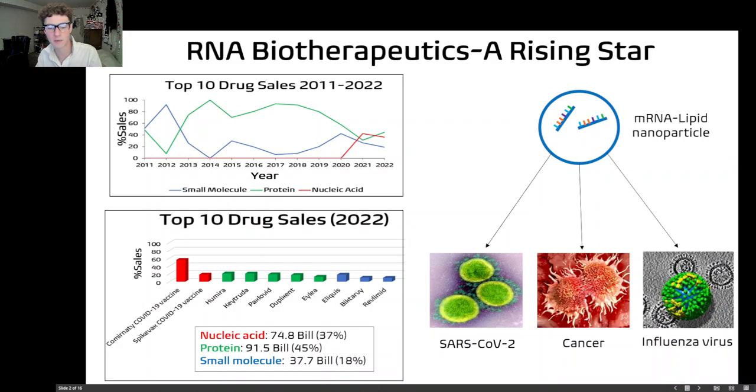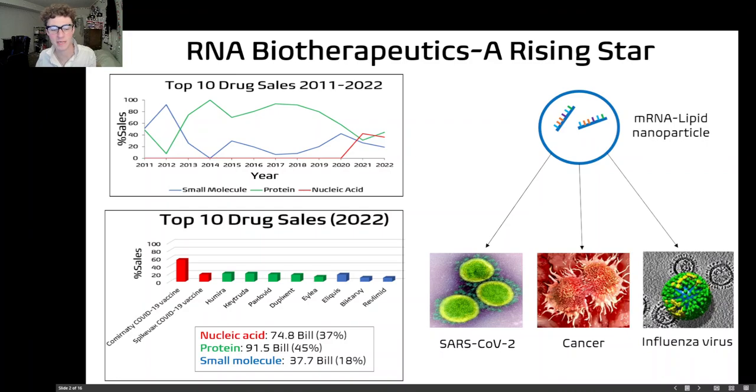But for our sake, this vaccine was so successful in treating and preventing severe illness and death from COVID-19 infection, it won first, third, and second place in the top 10 drug sales of 2021-2022.